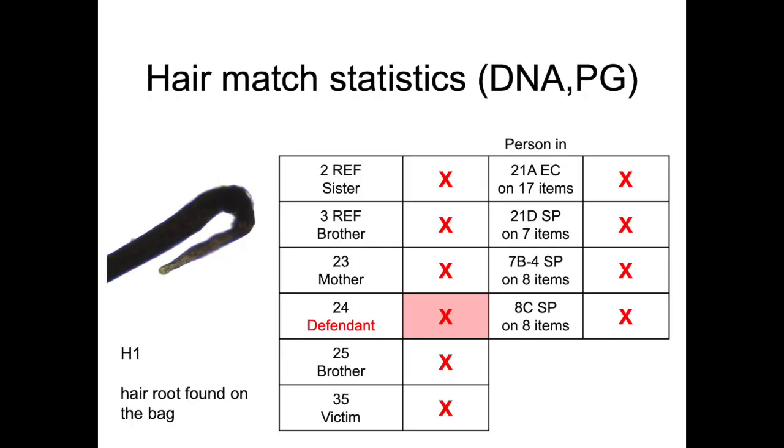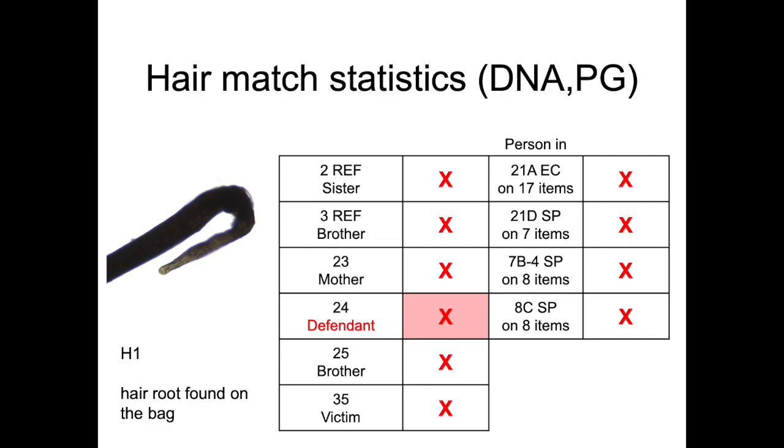DNA analysis was done on the hair root. Probabilistic genotyping computer analysis was done on the STR data in a non-targeted, unbiased way. After first calculating prior and posterior probabilities for every possible genotype value, comparison was made with the 6 references shown in the first column.